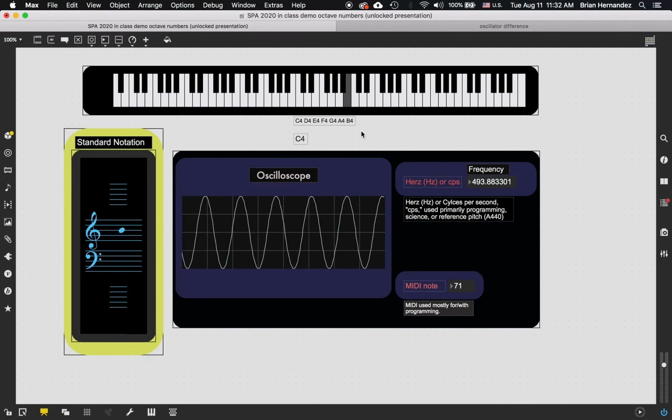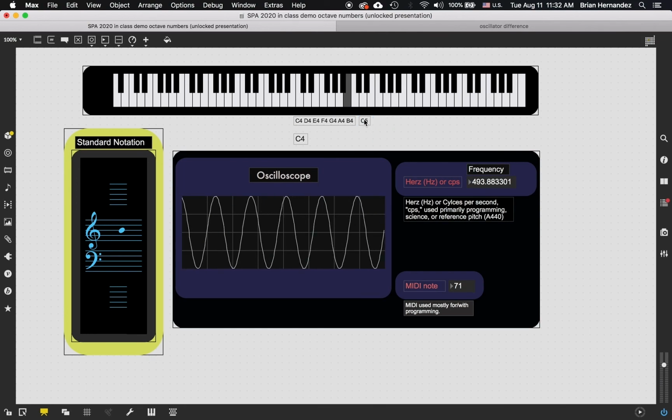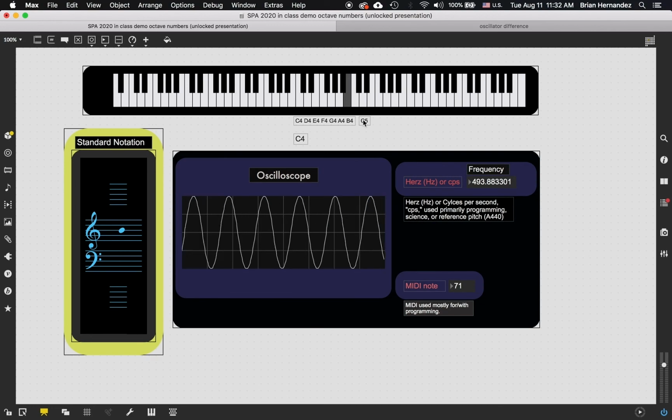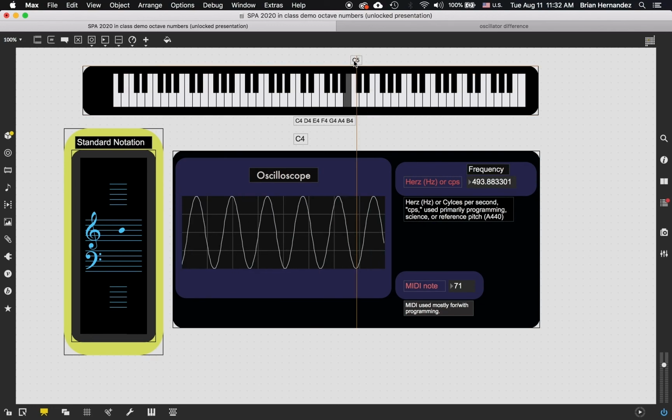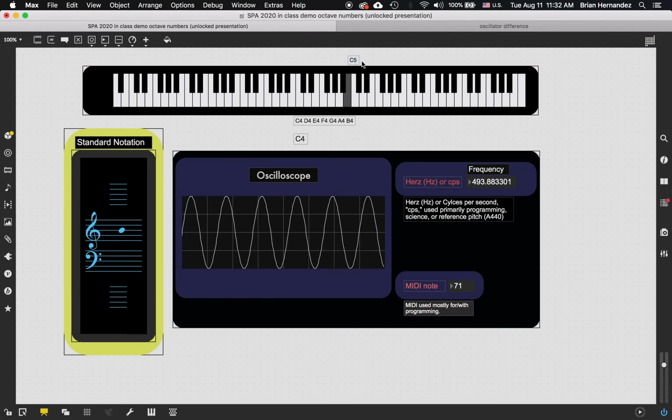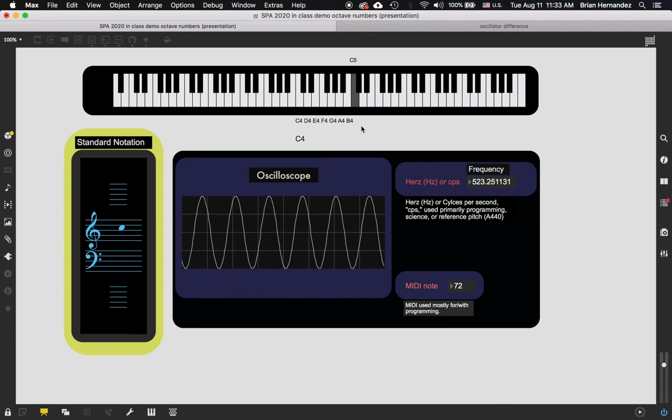Let's go ahead and add in C5. So you'll notice here and on your paper, this is going to be a lot of information to put in, and it can get very crowded. As a workaround, I'm going to put it right up here above the keyboard. What I want you to do now is take the time and try to find all the C's and label them from the beginning.